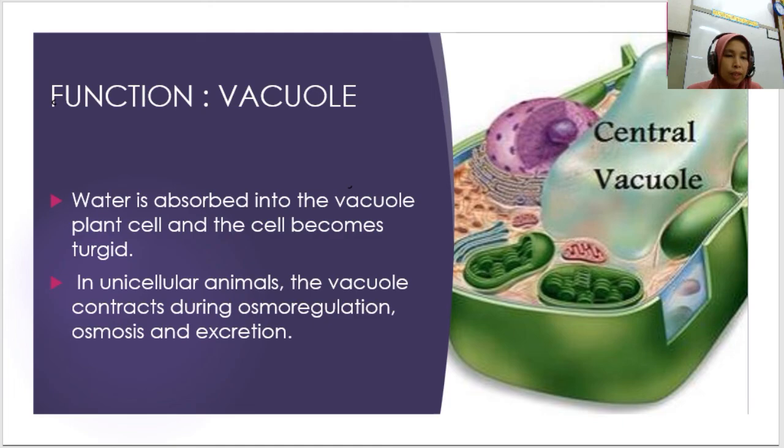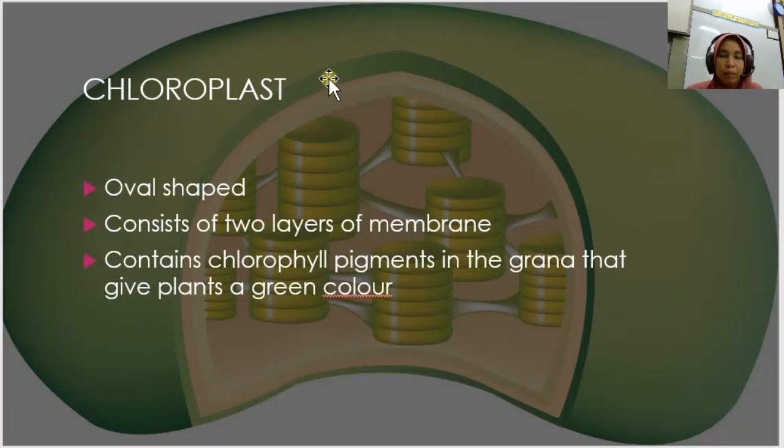Alright, and then chloroplast, the second structure that only plant cells have. Oval shape, consists of two layers of membrane, contains the chlorophyll pigment in the grana that gives plants a green color. So why does the plant have green color? Because inside the chloroplast there is a chlorophyll pigment.